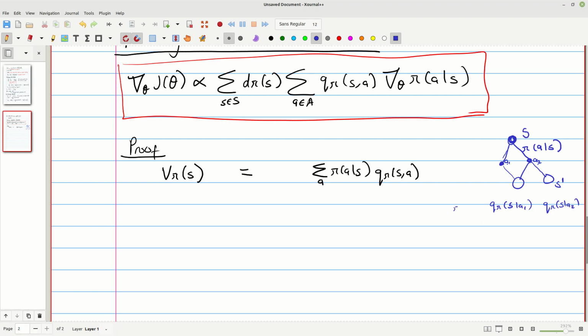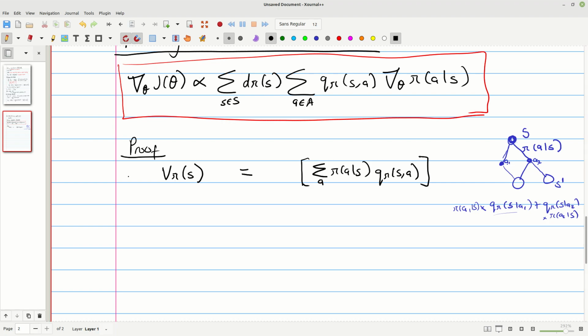So it's the probability of a1 given s times this value, plus the probability of a2 given s times this q value, right? So we take each of the q values and we multiply by the probability of taking them. That's essentially the value of a state. That's all there is to that. So now you know why v pi of s is equal to this term here. This is more like a recap type of thing because we've already looked at this before.